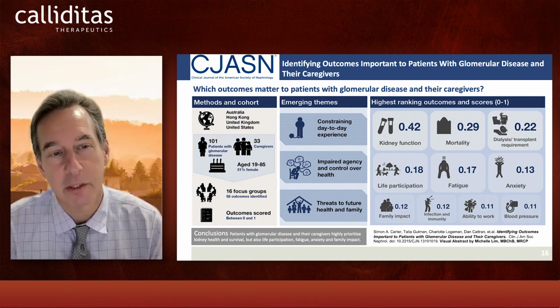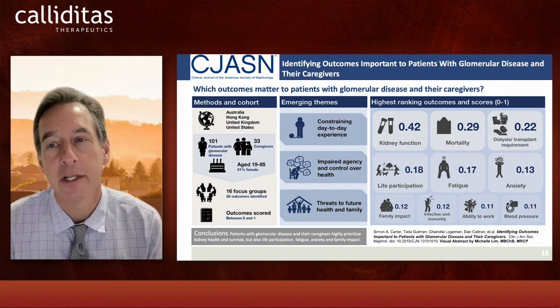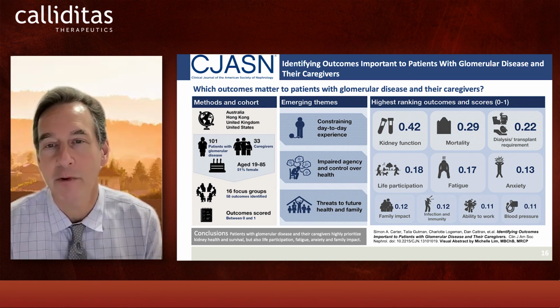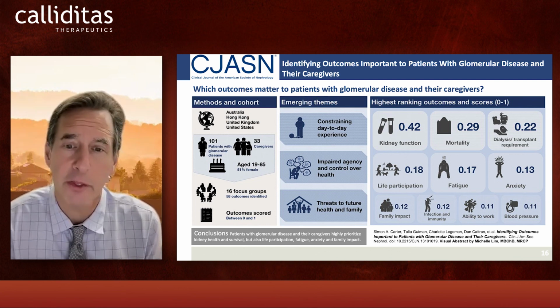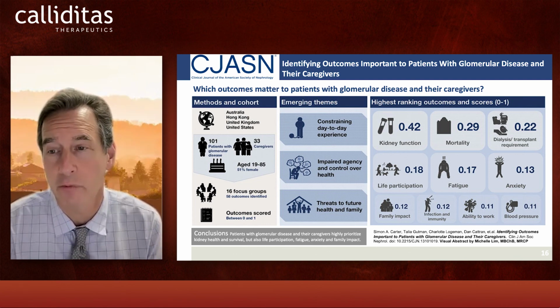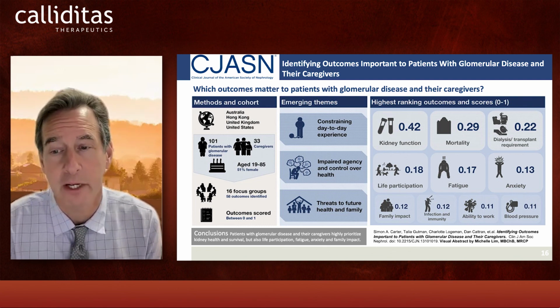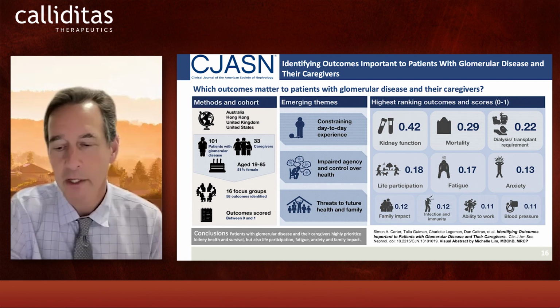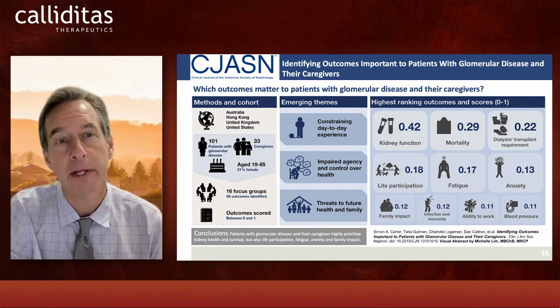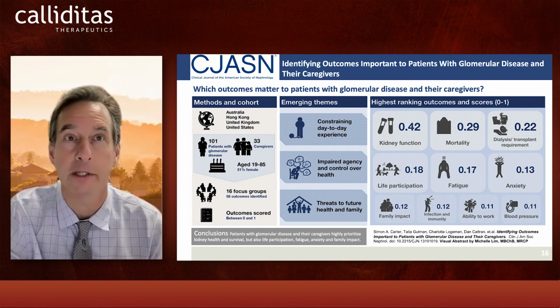And as you can see, this study was done multinational, a good number of patients with questionnaires, and says, indeed, they want their kidney function to be improved, they want to survive, they want to avoid dialysis, but they're also very keen to feel healthy, to be able to participate fully in their life, to avoid fatigue, to avoid pain, to not have an impact on their family lifestyle, to have an ability to work. So when we come up with new medications, it's important we consider the patient reported outcomes as well as simply our measurements of kidney function.